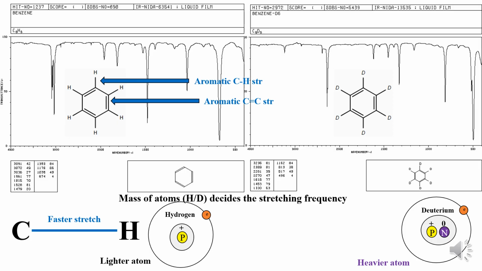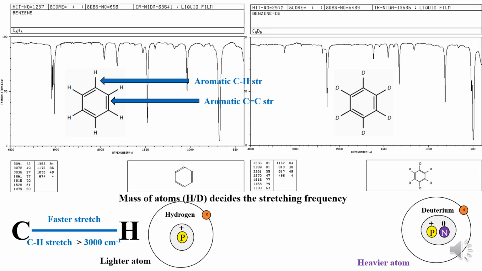Now the carbon-hydrogen stretch occurs at a faster rate. Now the faster stretching of the CH bond is due to the lightness of the atom, that is hydrogen. So hydrogen is a lighter atom and this leads to the faster CH stretch. And in order to match this CH stretching frequency, which is occurring at a faster rate, wave number of greater than 3000 centimeter inverse is required.